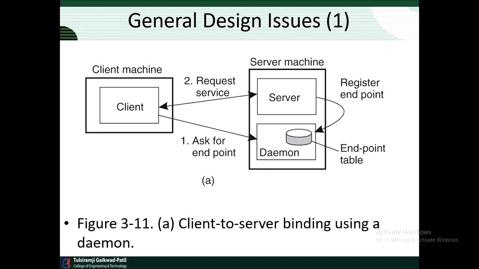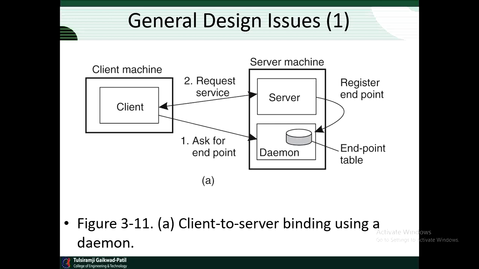There are also many services that do not require pre-assigned endpoints. For example, a time-of-day server may use an endpoint that is dynamically assigned to it by its local operating system.